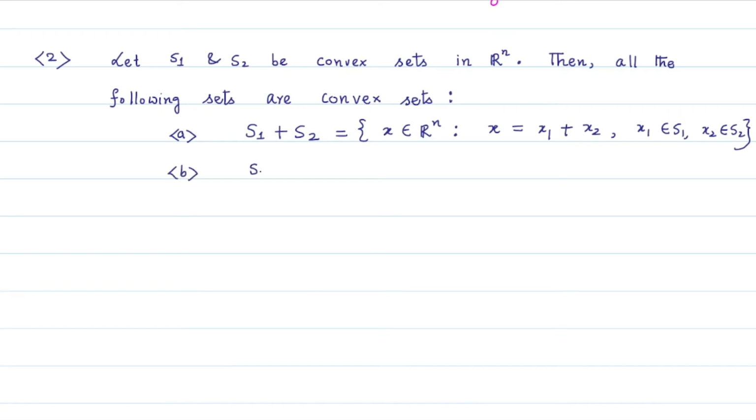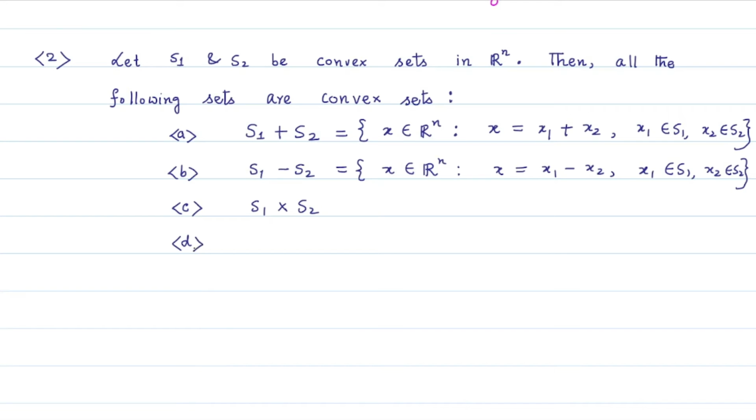Next, the set S1 minus S2, that is the collection of all points x in Rn such that x can be presented as the difference of an element x1 in S1 and x2 an element in S2. The Cartesian product of S1 and S2 is also a convex set.